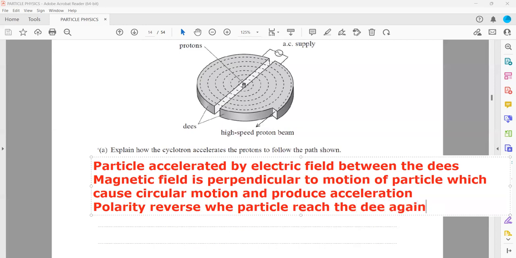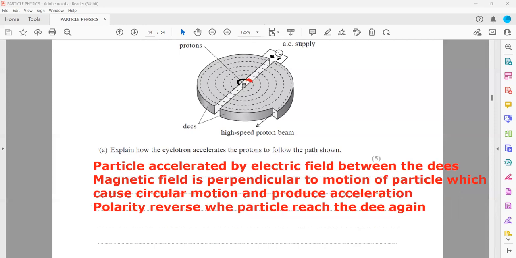In a linear particle accelerator, when it reaches another tube, it receives the same polarity, as it was reversing in between. But in a cyclotron, what happened? Say if this is a proton and we want to accelerate it, when it reached this D, this will be negative, this will be positive, this will be negative. So it will accelerate.